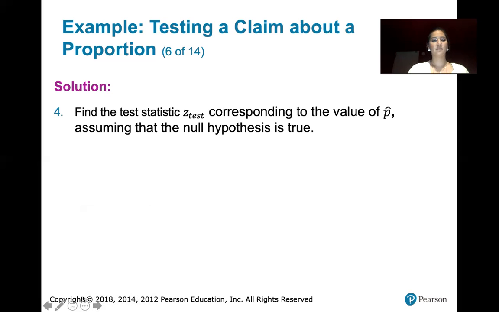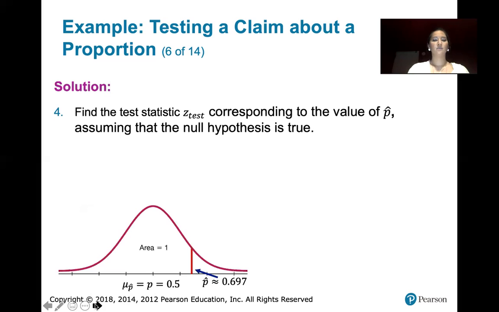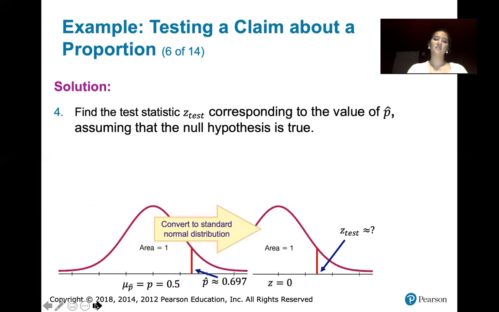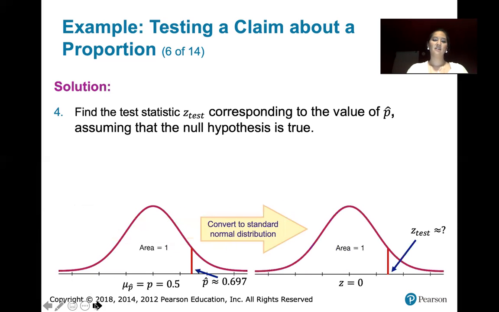We want to convert to a z-score, which has a mean of 0 and a standard deviation of 1, instead of a mean of p equals 0.5. Our question is, what is the z-score that corresponds to this p hat, approximately 0.697, given that our null is true?